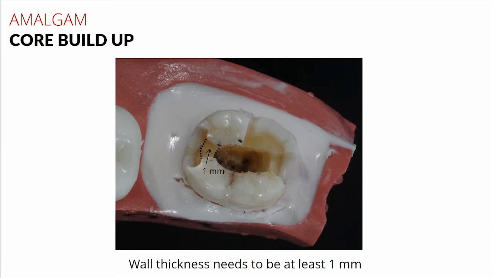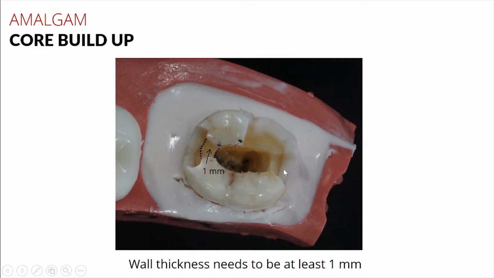One of the principles was not only looking at the number of walls, but because of the tooth breakdown, the internal walls of this tooth, you've got to have a certain amount of thickness here. From the pulp chamber to where your prep or margin ends, sometimes you'll have a thinner sliver of tooth structure.